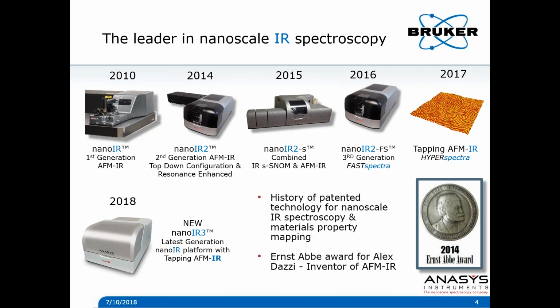In recent years, we've improved the speed and performance of the systems with new lasers and also new modes such as Tapping AFM-IR. And just recently, we've launched the Nano IR3. It's our latest generation Nano IR platform with second generation Tapping AFM-IR.